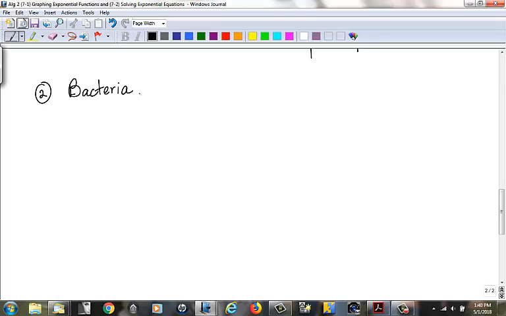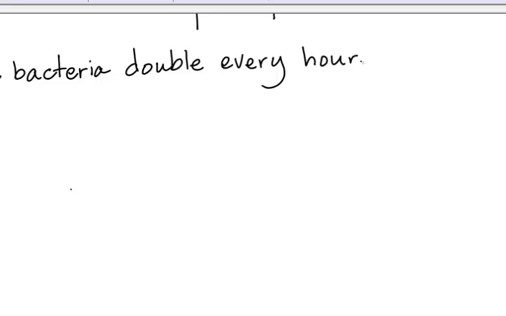So on this one, we're going to start with 1 bacteria, and we're going to double every hour. By the end of the day, how many bacteria will there be?